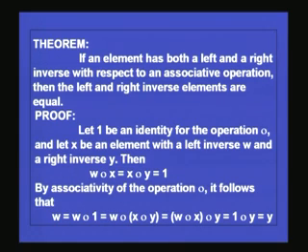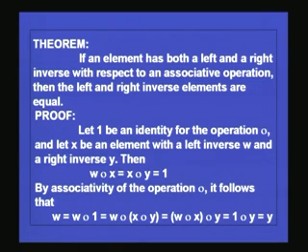You can easily see this also. If an element has both the left and the right inverse with respect to an associative operation, then the left and the right inverse elements are equal. So, we are considering a binary operation which is associative and it has a left inverse. If an element has both the left inverse and the right inverse, then they are equal.